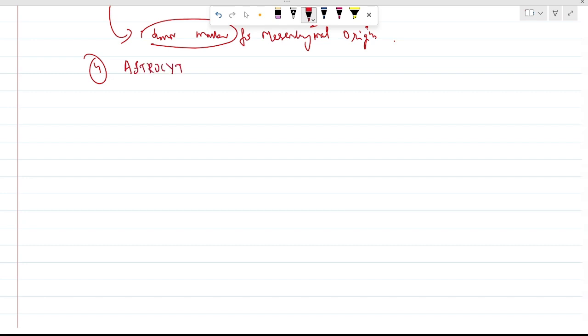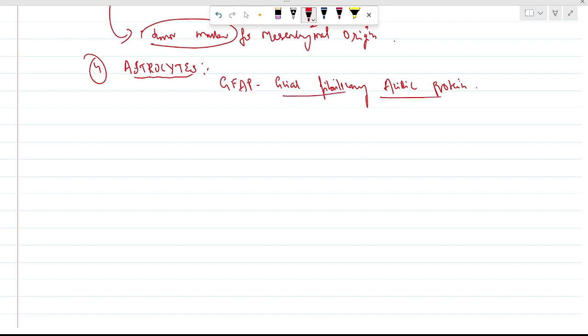Next we are going to see the very familiar astrocytes. This astrocyte has an intermediate filament protein called GFAP, or glial fibrillary acidic protein.